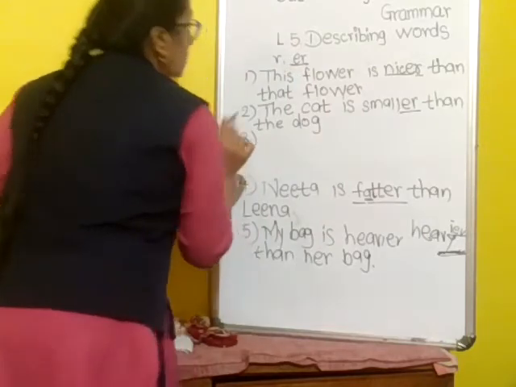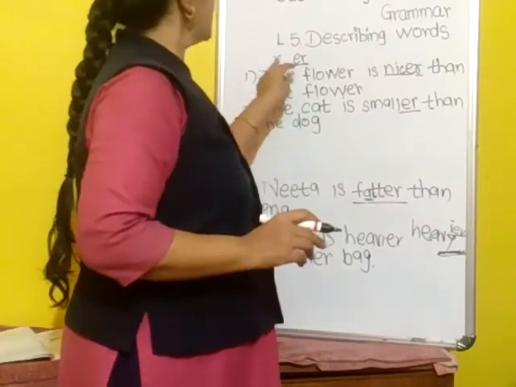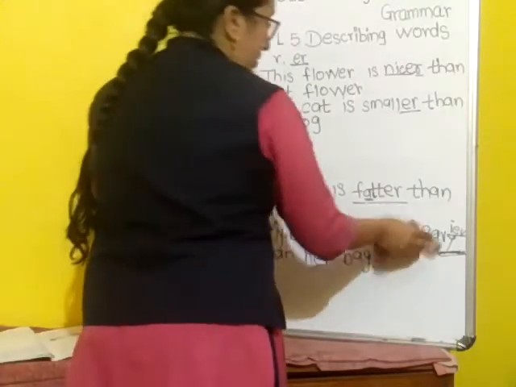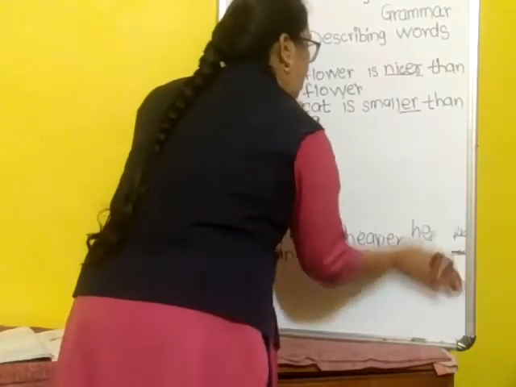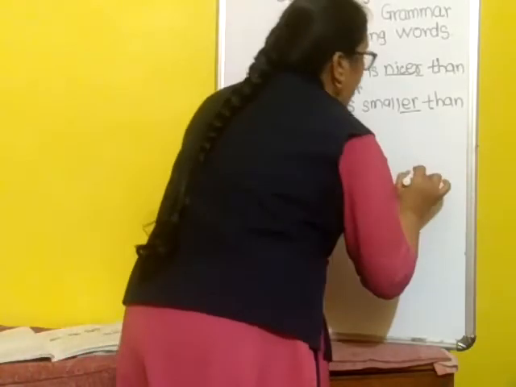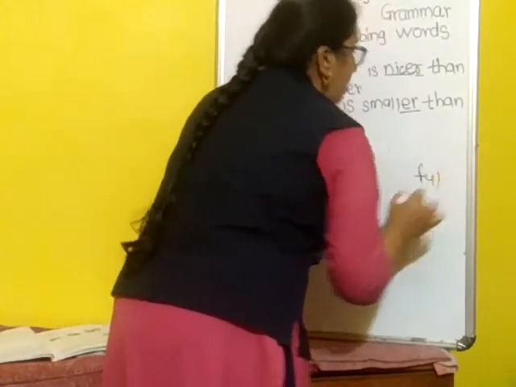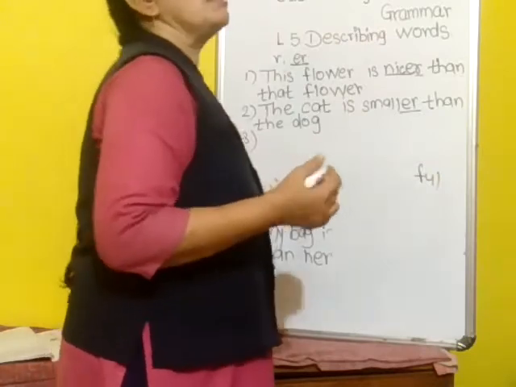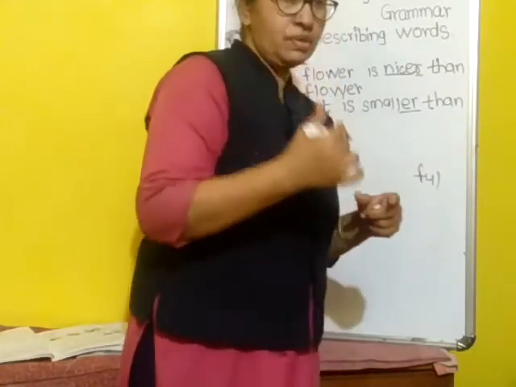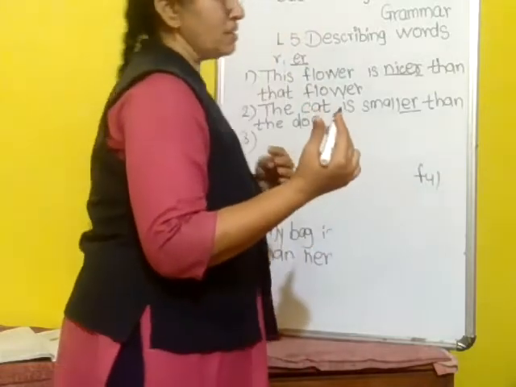Next, children, it is not that every time it is possible to add r and er. In some cases, when the word ends with "ful", for example playful, helpful, how can we make comparison of that?